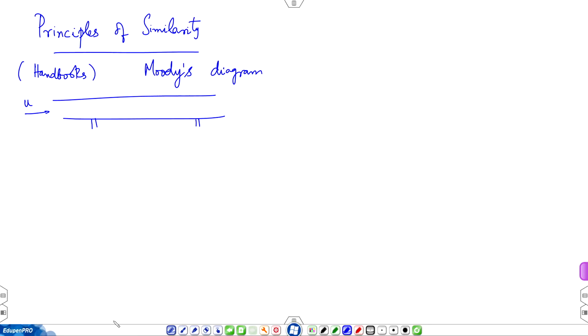So, in this experiment you may want to change the fluid velocity u and keep measuring the pressure drop P 1 minus P 2.